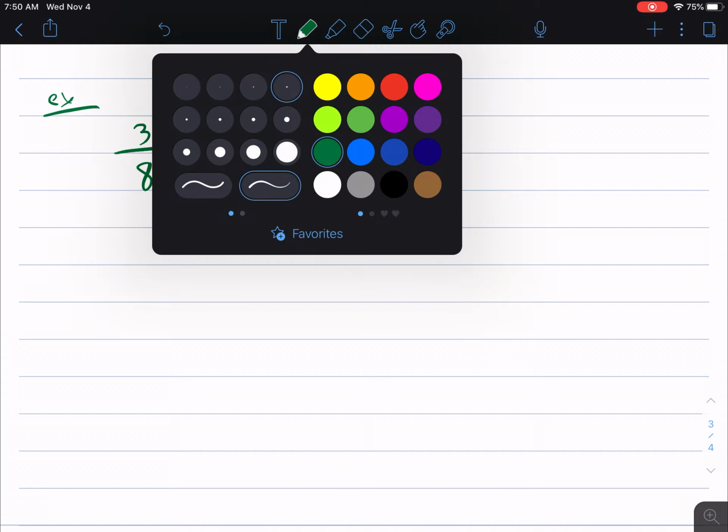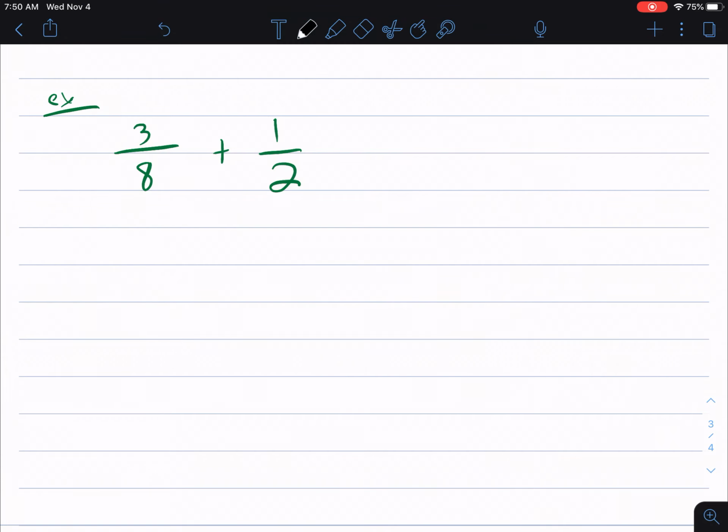Let's do another example. I have 3 over 8 plus 1 over 2. Are the denominators the same? No. Remember, first step is to multiply the bottom. 8 times 2 is 16.